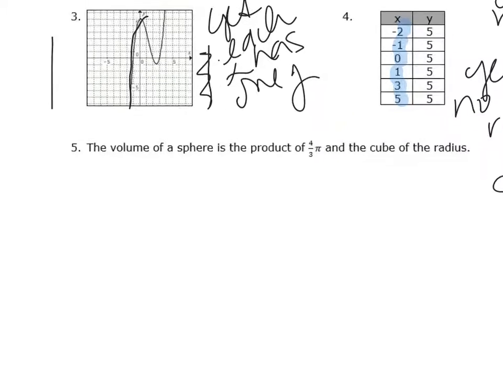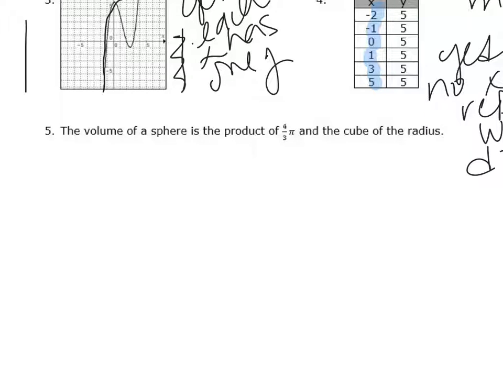All right, and then this one. We talked about this in class when we talked about the area of a triangle. So this is saying the volume of the sphere is 4/3, so I multiply 4/3 pi together, and then I take the radius and take it to the third power. So no matter what I put in here for radius, if I put a 2 in, I'm going to get the same answer every time. You can't have 4/3 pi times 2 be different the next time you do it.